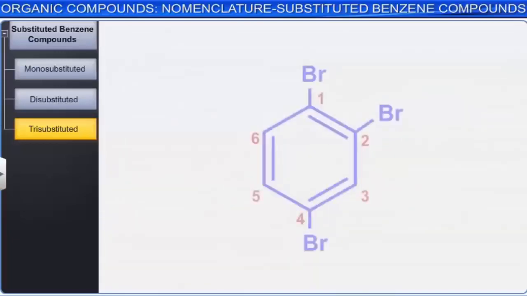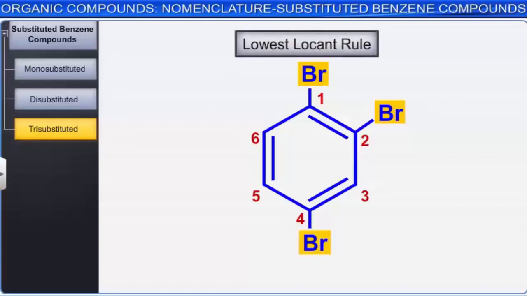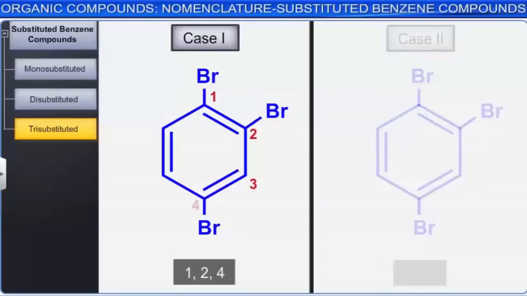This compound has 3 bromine groups attached to the benzene ring. If more than 2 substituents are present, then the positions of the groups are indicated by numbering the carbon atoms according to the lowest locant rule. This means the sequence in which the numbering is done should have the lowest combination of numbers. If the carbon atoms are numbered in the clockwise direction, then the bromine substituent is found at positions 1, 2, and 4.